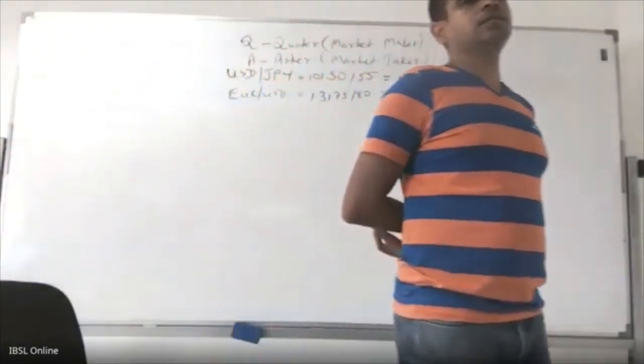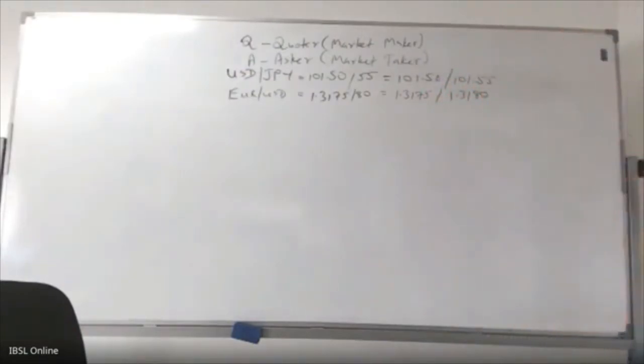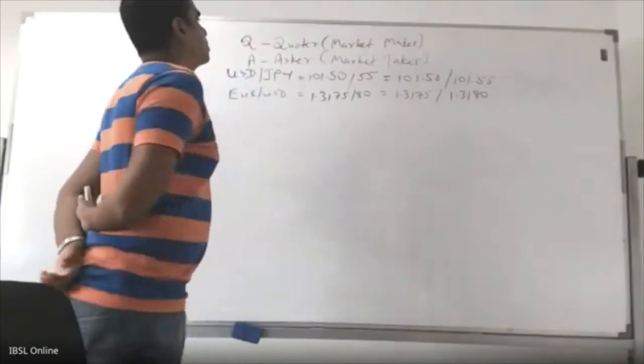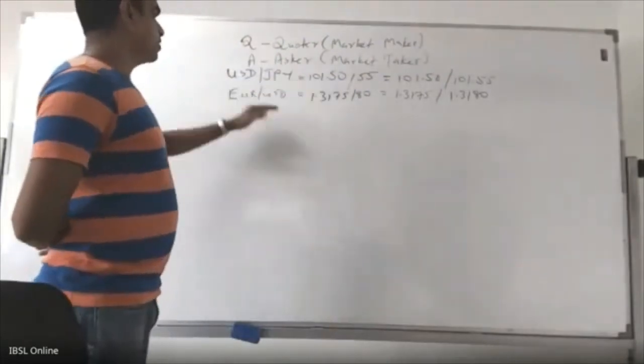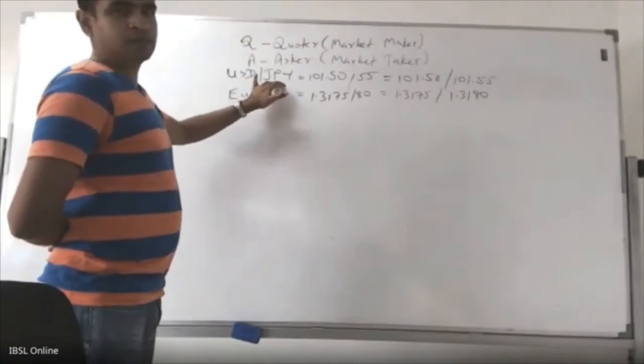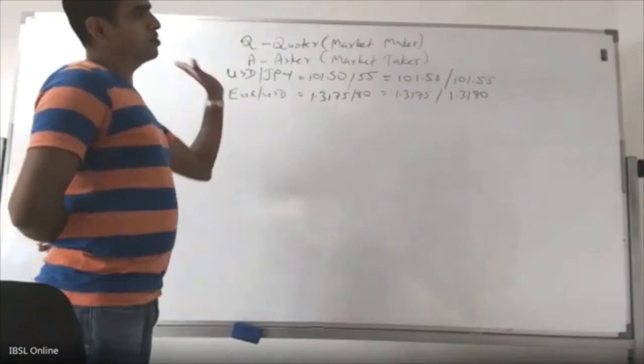So at what rate will the quote sell dollars on dollar yen? The quote or the market maker will sell dollars on dollar yen. So it's like the supermarket selling mangoes. They will sell mangoes at the higher price.